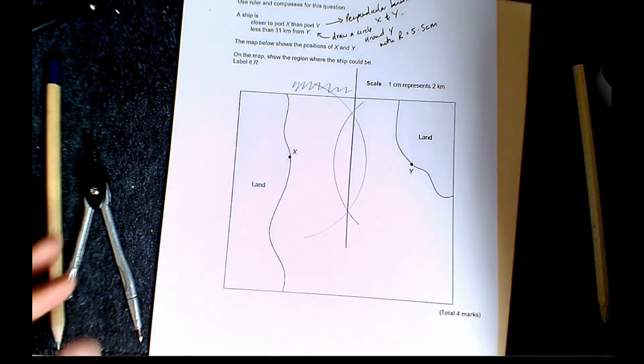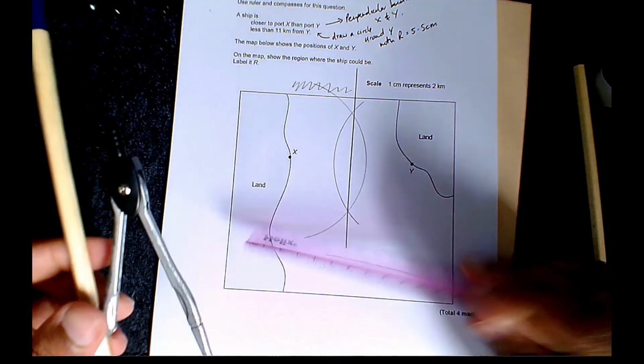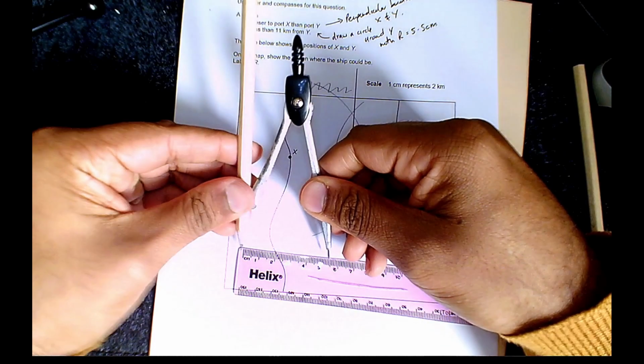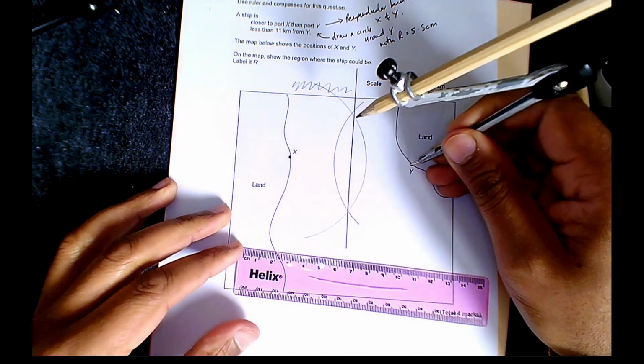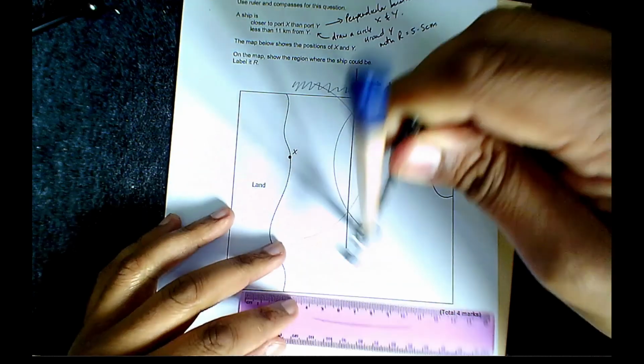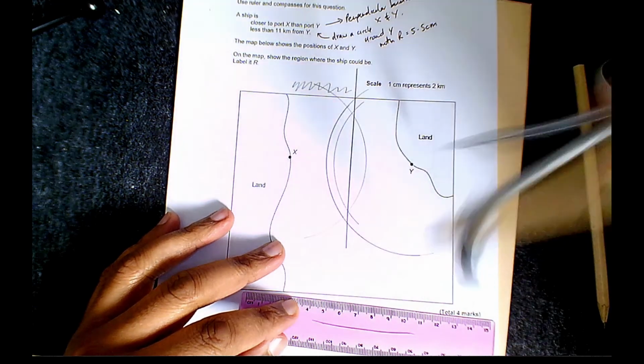Now I've got to draw a circle of 5.5 from Y. So looking at my ruler, measuring 5.5 from the pin to the pencil from Y, I'm drawing this circle here, like so.